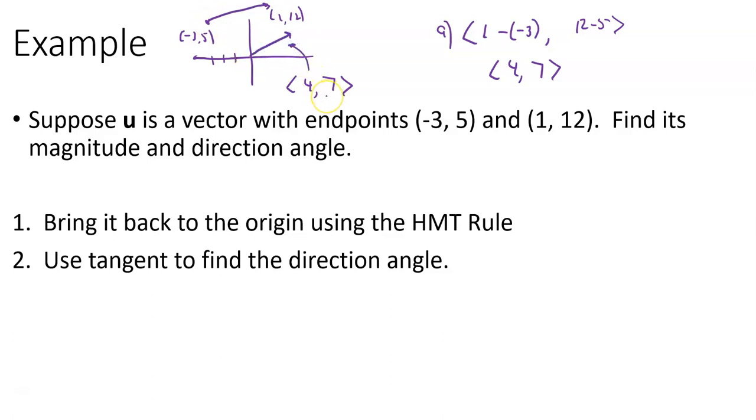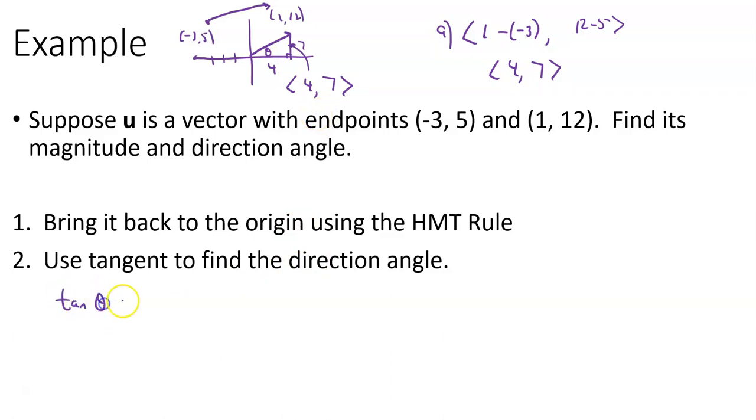Why would I want to do that? Well, because I can get some information about not only its magnitude more easily, but I can get information about the direction angle. So if I want the direction angle, I create a right triangle here. We said it went 4 in this direction and 7 in that direction. That's the direction angle right there. So based on that, I'm going to use tangent.